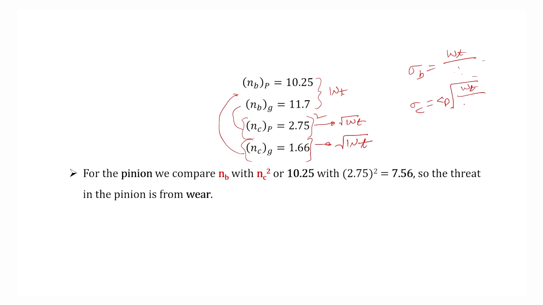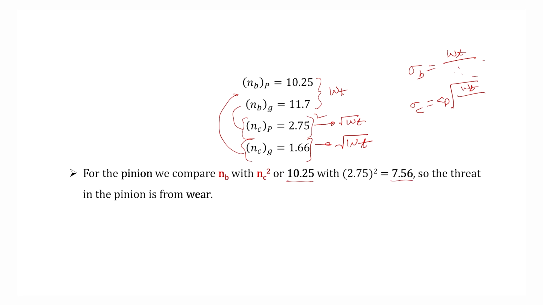So, for comparison of the pinion, we have taken NC square, and NB, which is 10.25, is compared with NC square, which is 2.75 squared, that is 7.56.